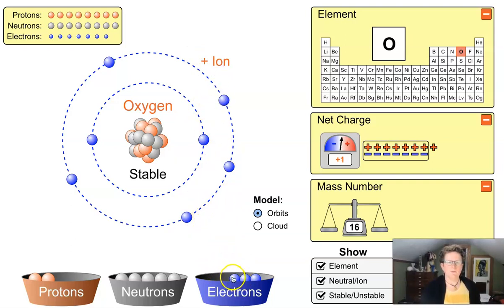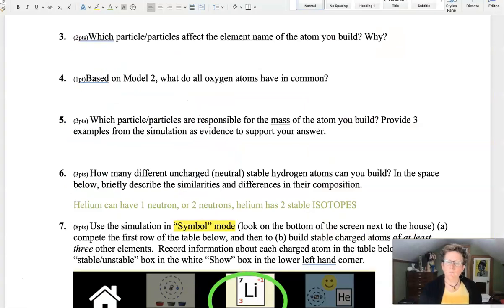We can add some electrons until it's a neutral atom. It's still oxygen, but if we take out a proton, it turns into nitrogen. Put that proton back, it turns into oxygen. So it looks like these protons are pretty important in determining what your identity is as an element.